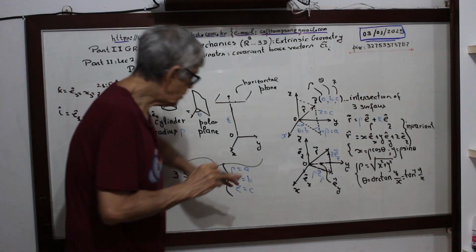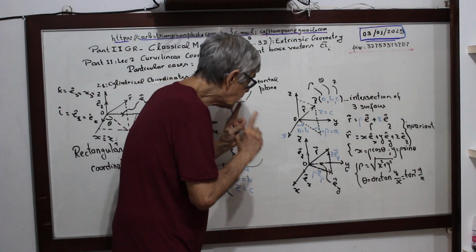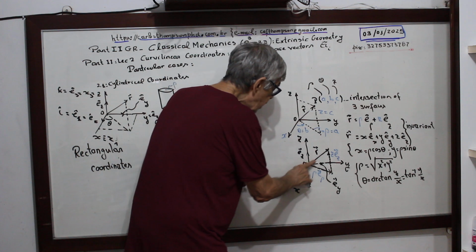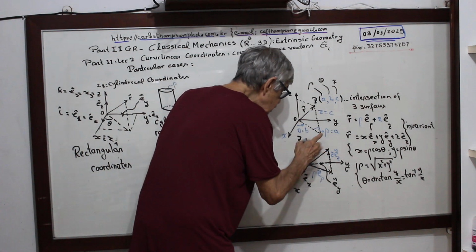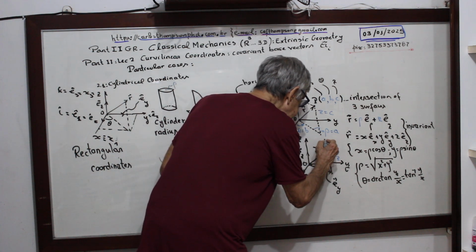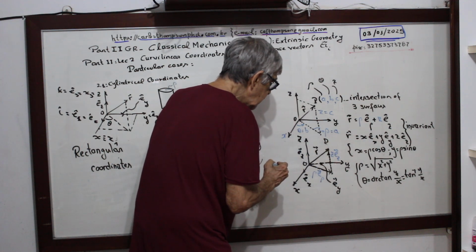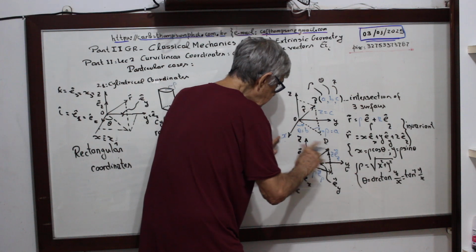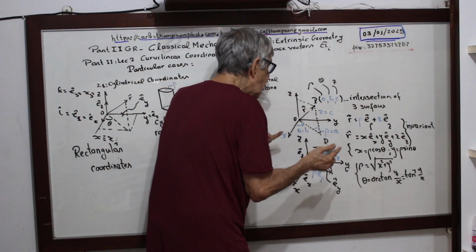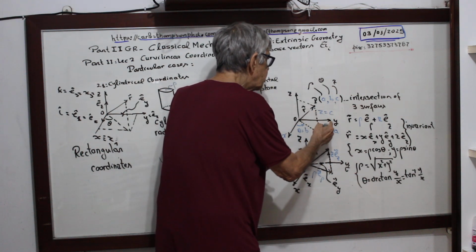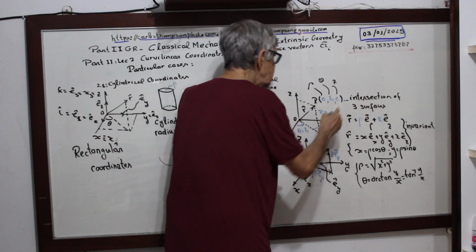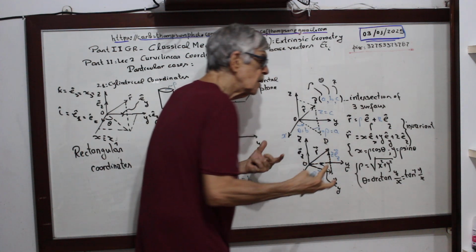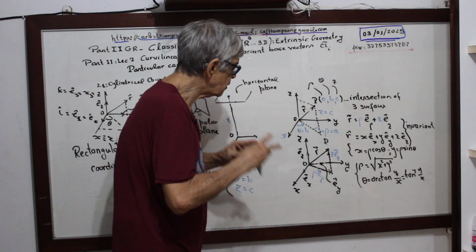But attention now, the vector R, the position vector of this point P here. Now it's general, I'm not talking about any particular point, so I have to have rho, theta, and z, which correspond to three surfaces. Again, I'm repeating.